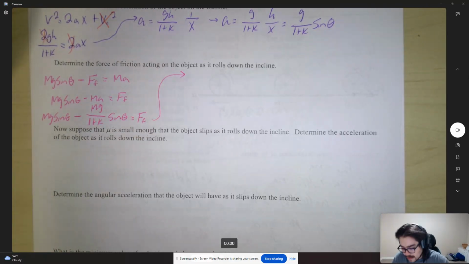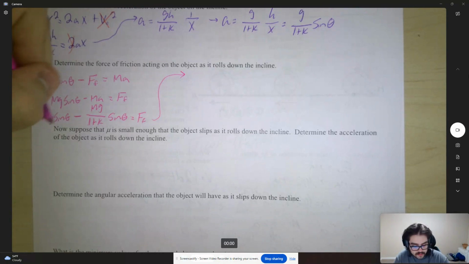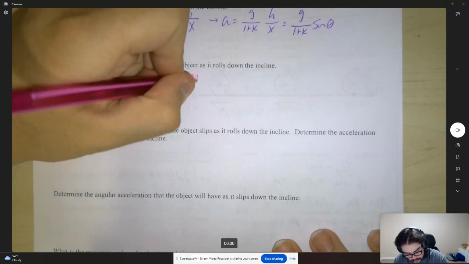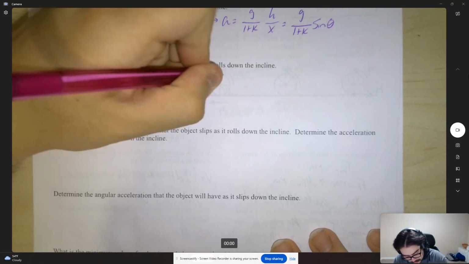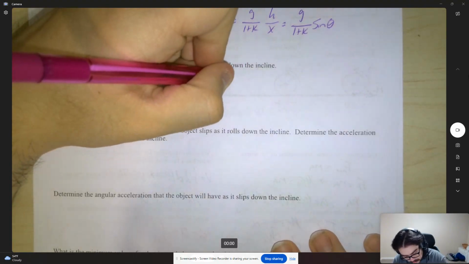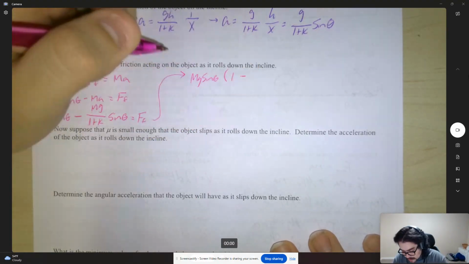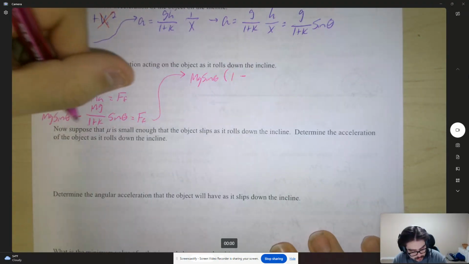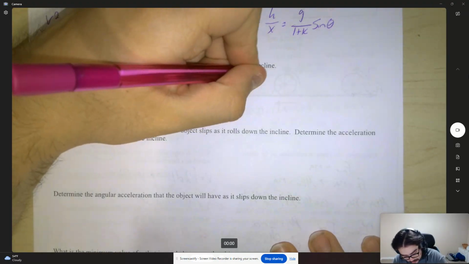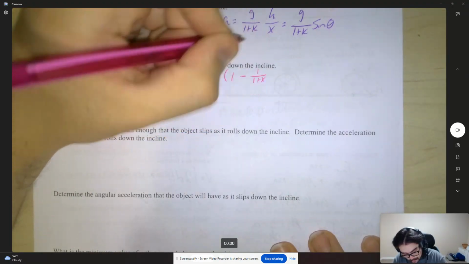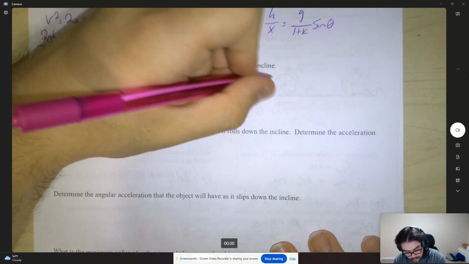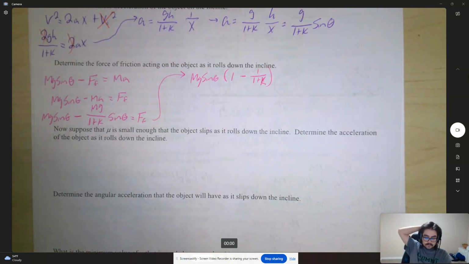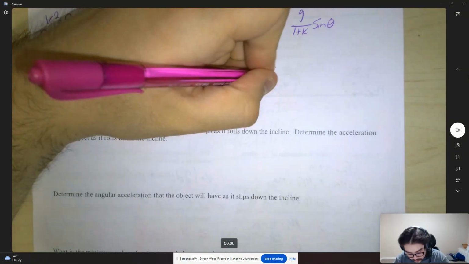You'd have to solve it out a little bit. I can factor out mg sine theta from all these terms, so mg sine theta times 1 minus 1 over 1 plus k, equal to the force of friction.